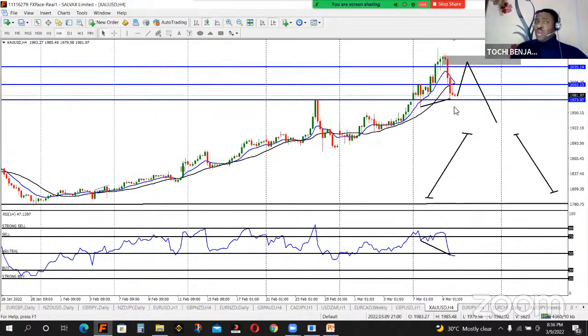Take note so that you don't quote me. I don't know to what extent this current candlestick will form, whether it will come below this or go up. Whatever it is, we must allow today to end for us to take a decision on this bias.